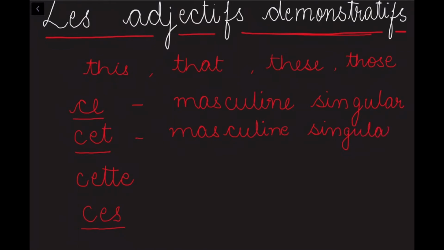Now what is the difference between ce and cet? Okay, so masculine singular, but here the cet is used for the nouns that start with a vowel. Masculine singular nouns starting with a vowel or silent H.